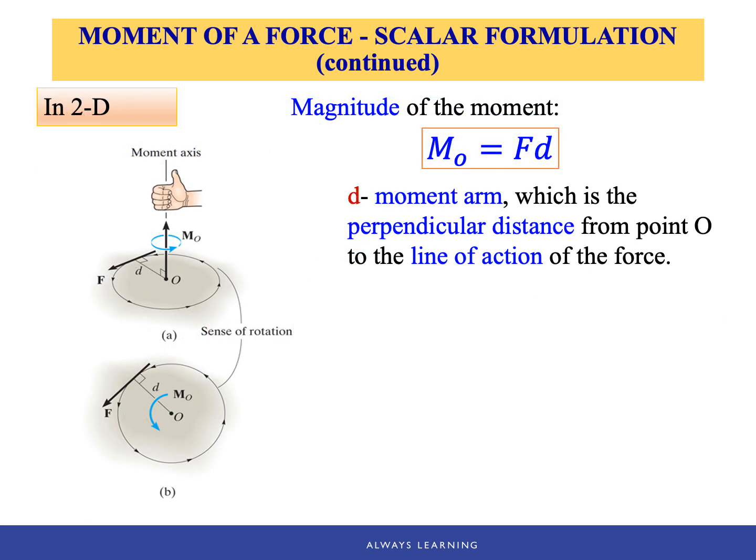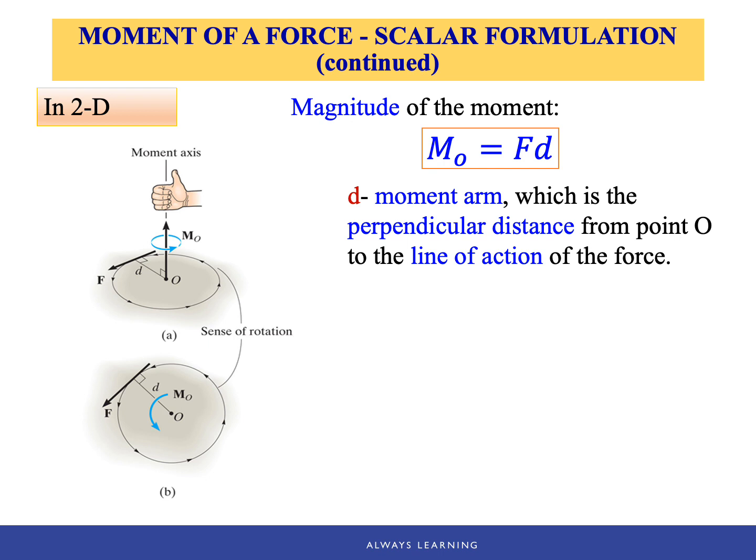After reviewing the magnitude of the moment, let's take a look at the direction of the moment. So let's focus on the 2D example. By saying 2D, we mean the force F and this point O are within the same plane.